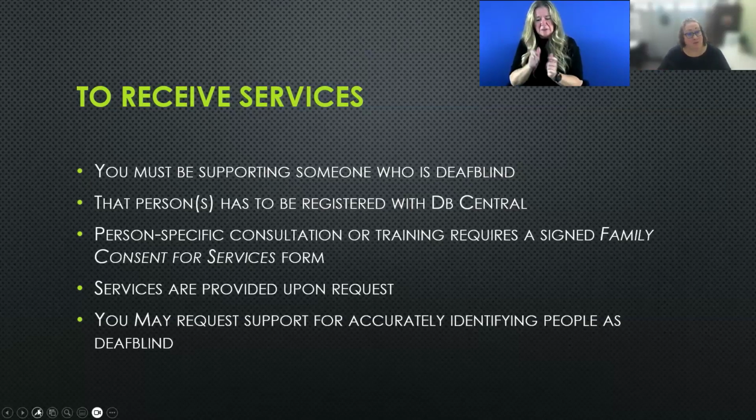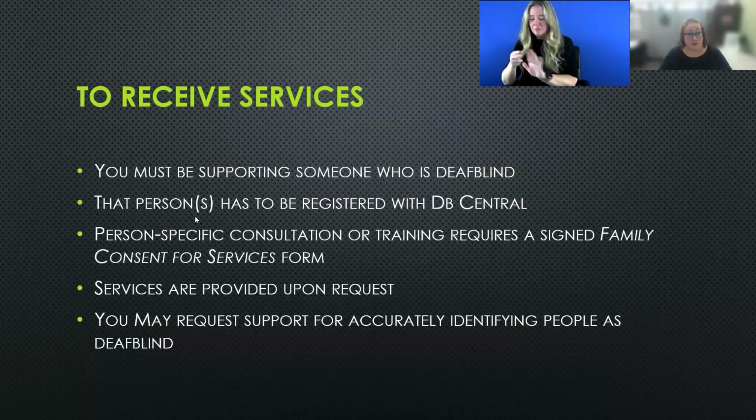But it's way more than 30. And so that's why that census is important. On this slide, you can see to receive services, you have to be supporting someone who's deafblind. So we're not just talking about those 30 kids with deafblind as their IEP eligibility. We're talking about the 309.